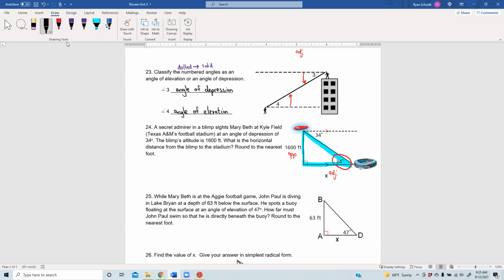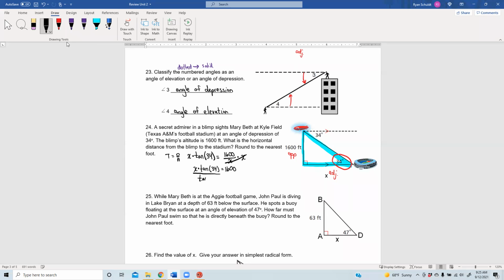So which trig ratio uses opposite and adjacent? Tangent. So we're going to have the tangent of 34 degrees equals the opposite, which is 1,600 over x. Multiply by x on both sides. So we have x times the tangent of 34 equals 1,600.